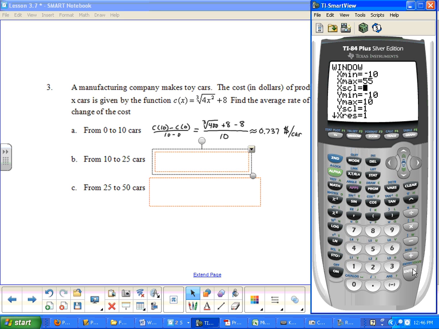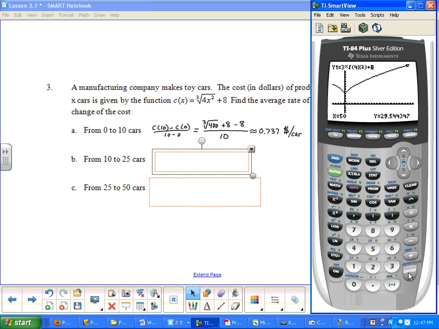And then we'll change our Y also, 30. So I could trace, there's 0, there's 10, 25, and 50 also. So there's a couple different ways you could go about finding those numbers.